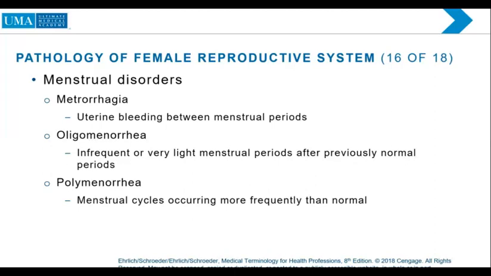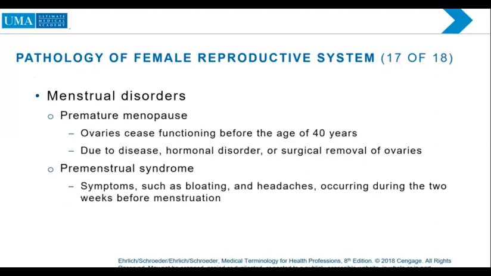Oligomenorrhea is infrequent or very light menstrual periods after previously normal periods. Polymenorrhea is menstrual cycles occurring more frequently than normal. Premature menopause. Ovaries cease functioning before the age of 40 due to disease, hormonal disorder, or surgical removal of ovaries.